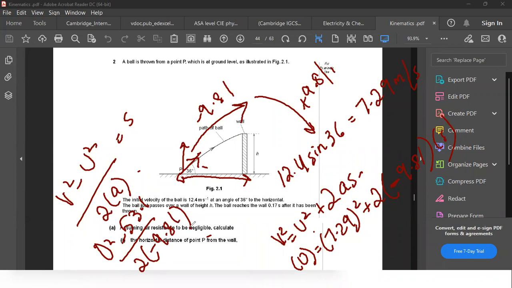So divided by 2, and then it's divided by 9.81. Hold on, just give me 1 second.